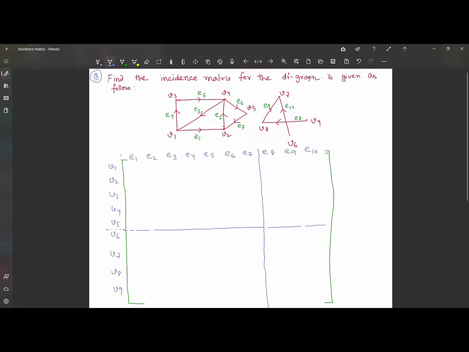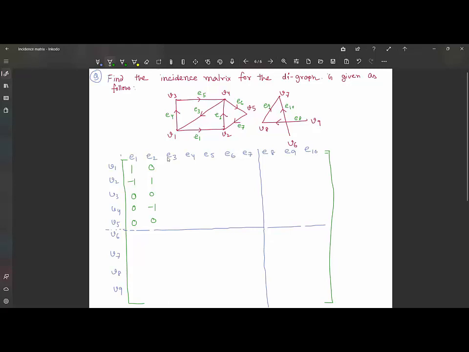E1 connects V1 and V2 and is outgoing from V1, so V1 will get 1 and V2 will get -1, and every other value is 0. E2 is outgoing from V2, so V2 will get 1 and V4 will get -1, and other values are 0.